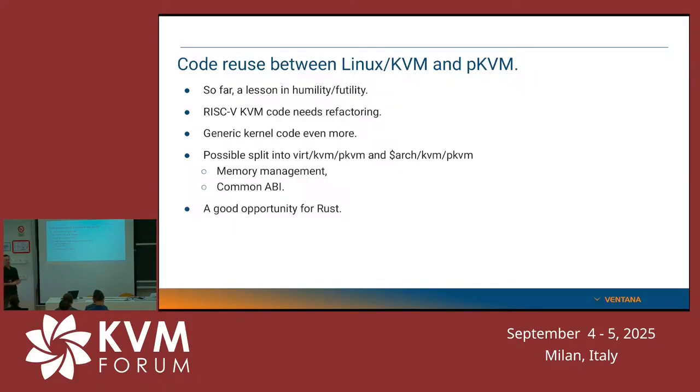So the more interesting code reuse possibility is between architectures, because now that we have pKVM on ARM, we plan to do pKVM on RISC-V. There's also x86 pKVM somehow in the works, and we could do the same as KVM does for its user space interfaces, which is to split them into the generic and the architectural parts.